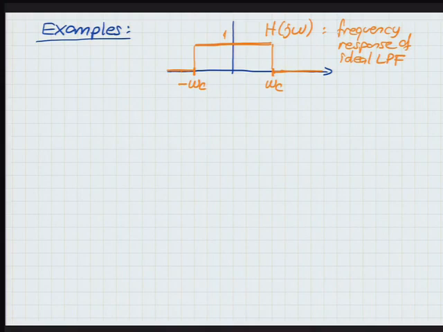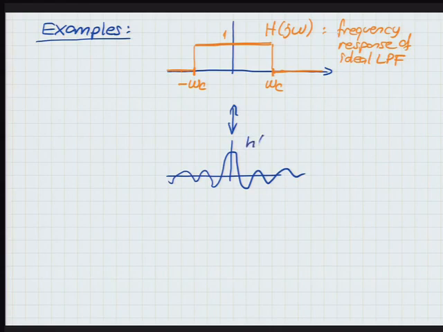So from last lecture, I know that the corresponding inverse Fourier transform is a sinc. Looks like this. So this is our h(t). To be specific, when the cutoff frequency was pi, that was a perfect sinc. It was just sinc of t, nothing else, right?